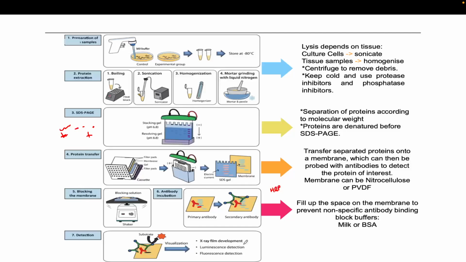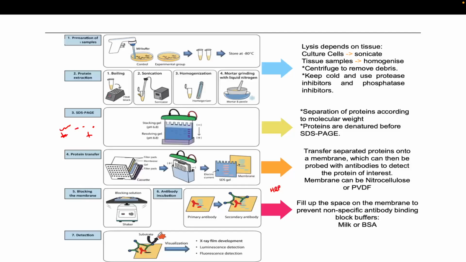The visualization you can see by X-ray film, or luminescence detection, or fluorescence detection. It all depends on what kind of conjugation is there with the antibody. It can be radiolabeled, it can be a chemiluminescence molecule, it can be fluorescence labeled.